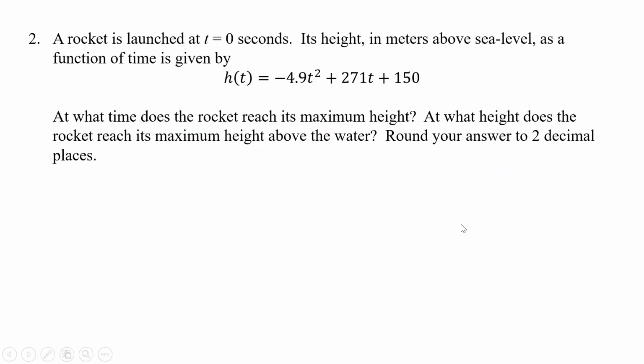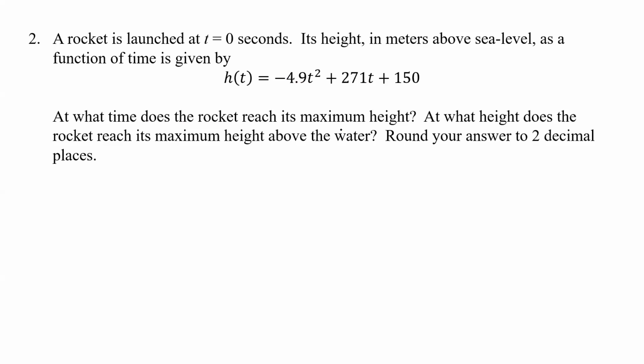And in applications, basically, they'll give us some kind of quadratic function, and then we have to apply what we just looked at. So in this case, a rocket is launched at t equals 0 seconds. Its height in meters above sea level as a function of time is given by this function.